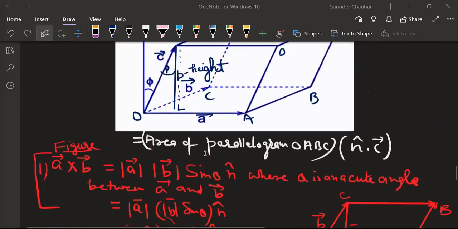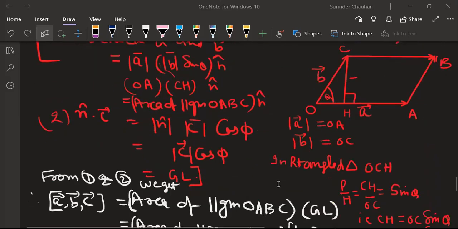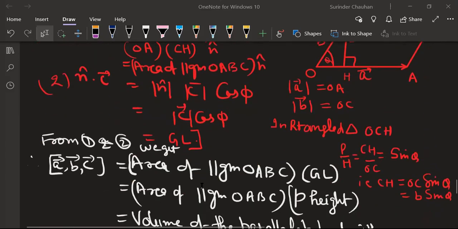Substituting the value of n dot C in the scalar triple product, we get the scalar triple product of A, B, C is equal to the area of the parallelogram OABC into GL. What is GL? GL is the height of the parallelepiped.